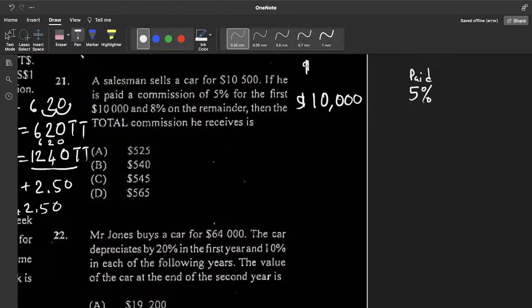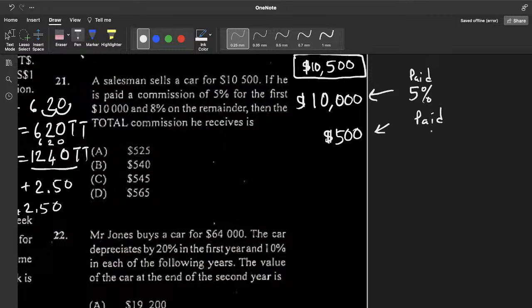And his original price is 10,500. And he has 5% paid on the 10,000 and 8% on the remainder. So the remainder here would be 10,500, take away 10,000, which is 500. So he's paid 8% on this.